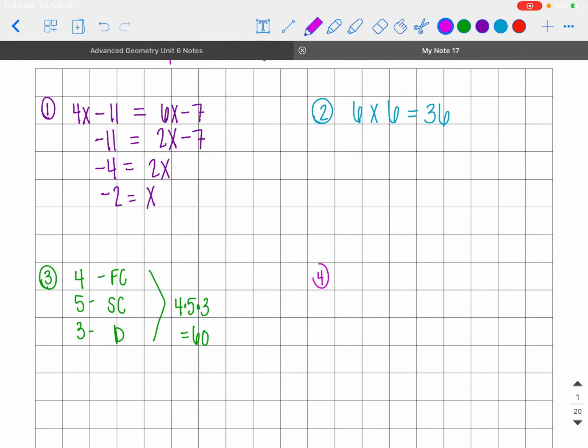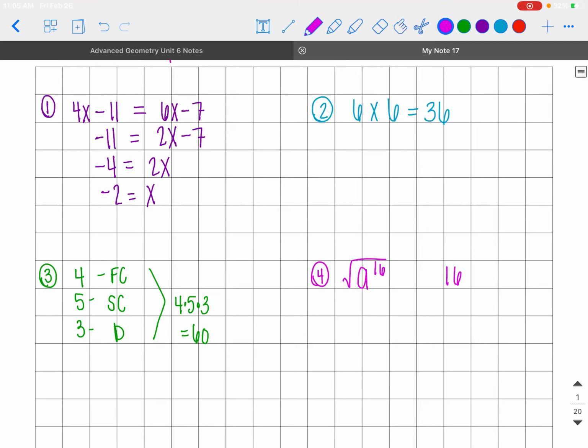Okay, number 4. This one is a true difference of squares. So we've not really seen many differences of squares, but differences of squares, you have 2 terms. In this case, I have the a to the 16th and the 16. Don't bring the negative with it. What we want to do is take the square root of each part. So the square root of a to the 16th is not a to the 4th.